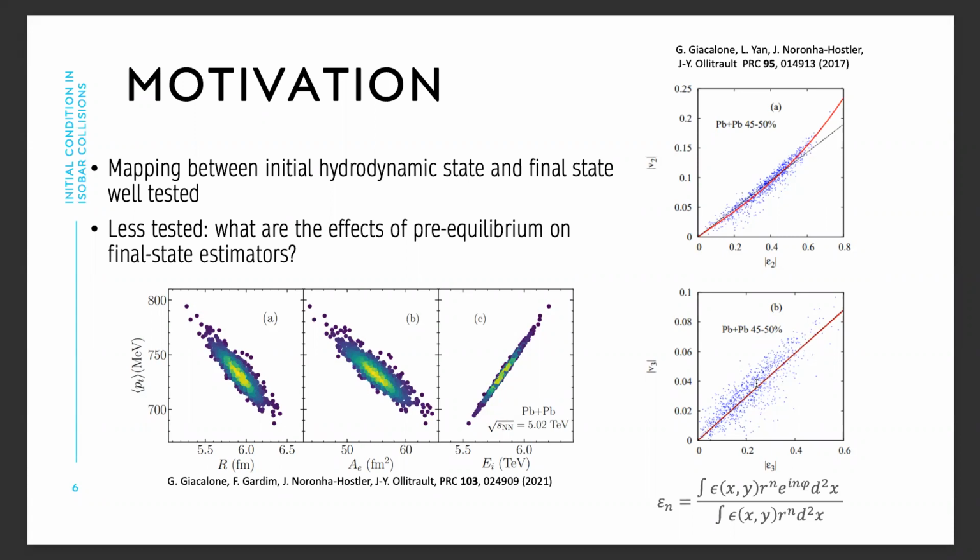That's the free streaming, because the idea is that this free streaming pre-equilibrium phase will erase some of the information we had in the initial condition, and the longer it runs, the worse we expect this loss of information to be. So for the typical scales at which we believe there's this pre-equilibrium phase, how bad is it, how much information do we lose? That's the main idea that I'm trying to answer here.